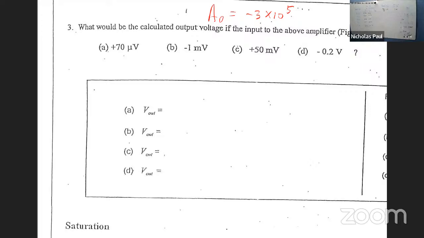Leave it, I'll show you what to do. This is 10 to the minus.